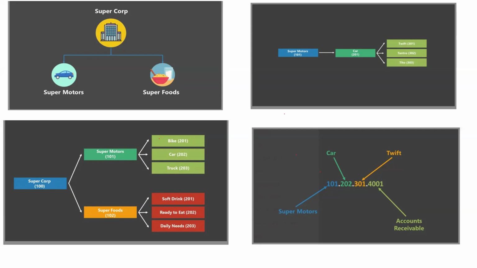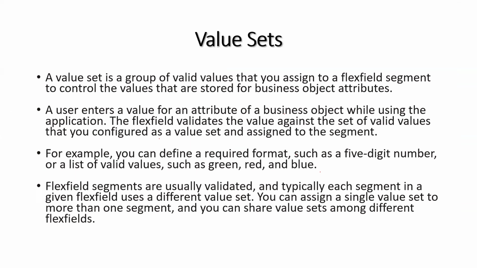At the value set level. For each segment we create a value set, and at the value set level we configure how much length to provide and what the data validation type is.